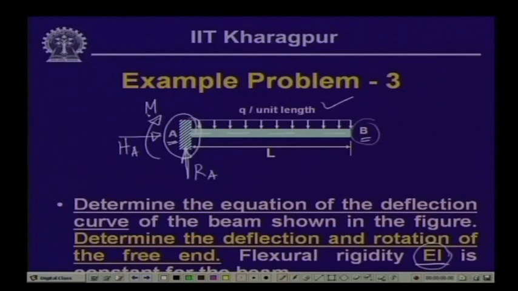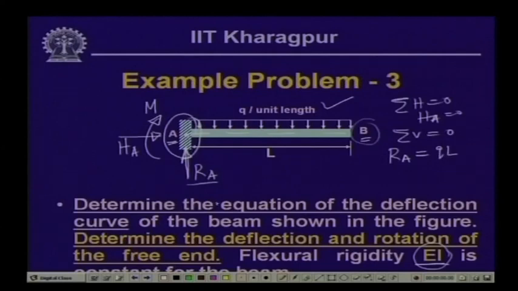Now, if we take the horizontal, vertical and moment equilibrium, summation of horizontal forces equals 0 will give us HA equals 0. Summation of vertical forces equals 0 will give that RA, which is acting vertically upwards, minus q times L, equals 0. So, that gives us RA equals qL.